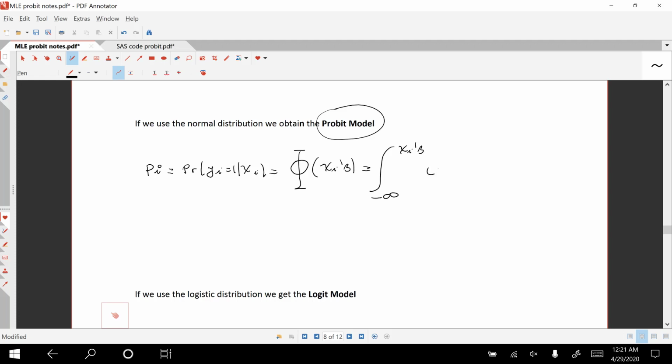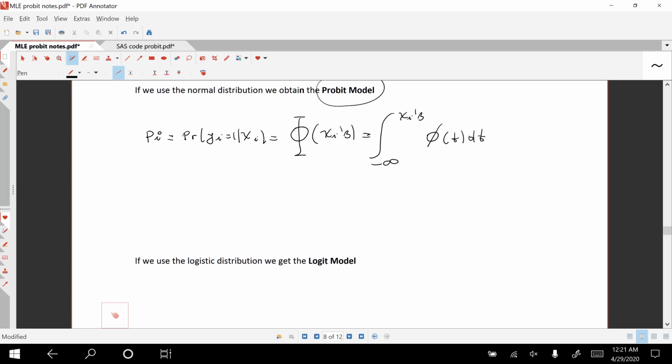So that's the standard normal probability density function, evaluated from -infinity to xi prime beta.